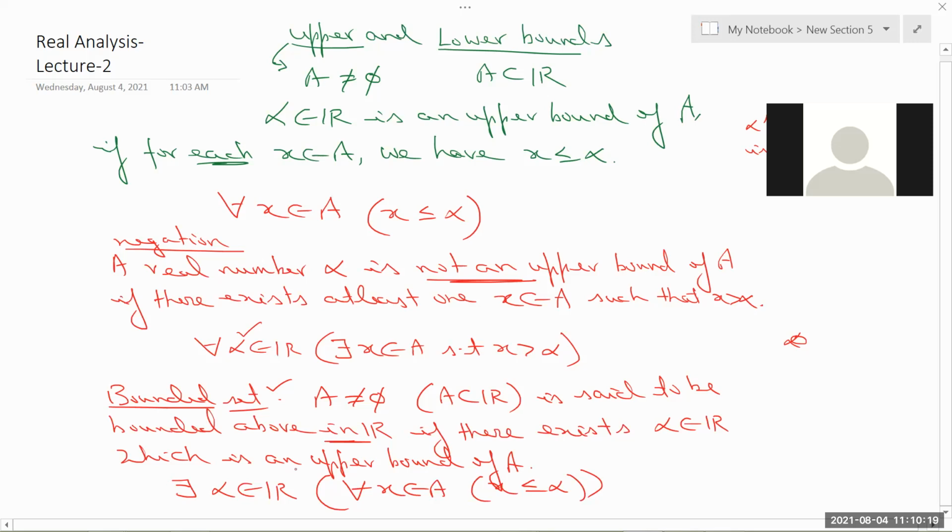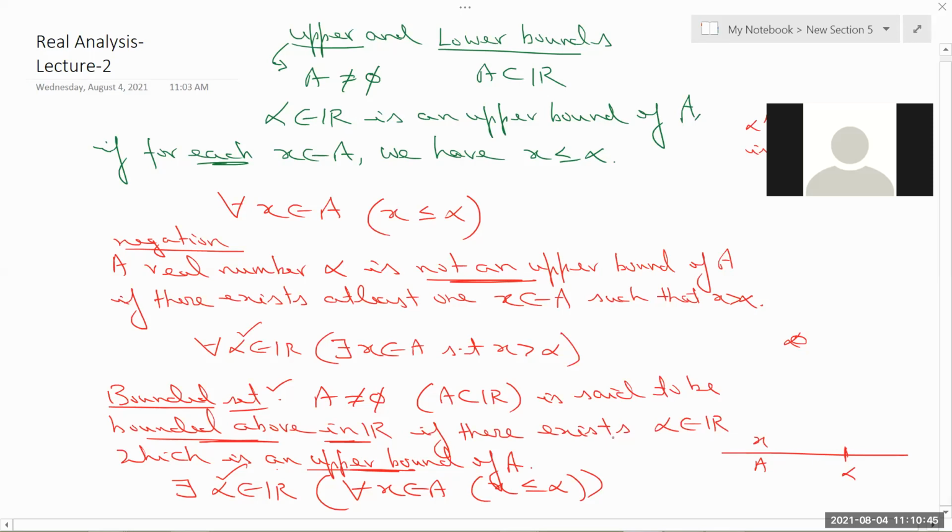A set is said to be bounded above if there exists at least one real number such that every member of the set is satisfying this condition, either it is equal to alpha or it is less than alpha.